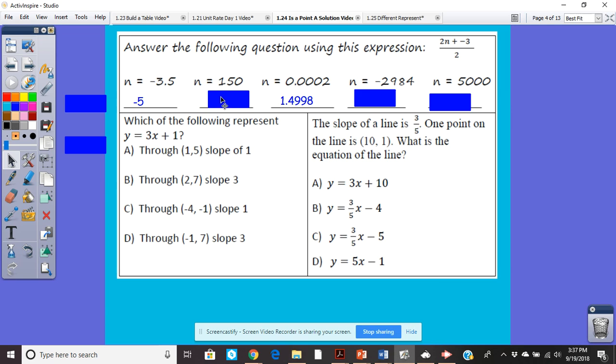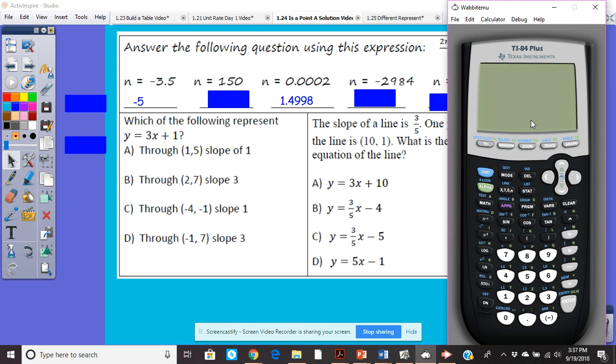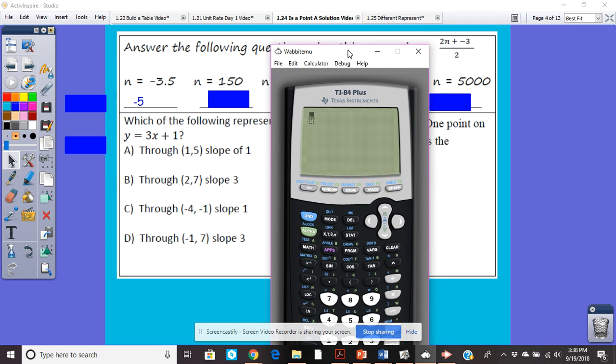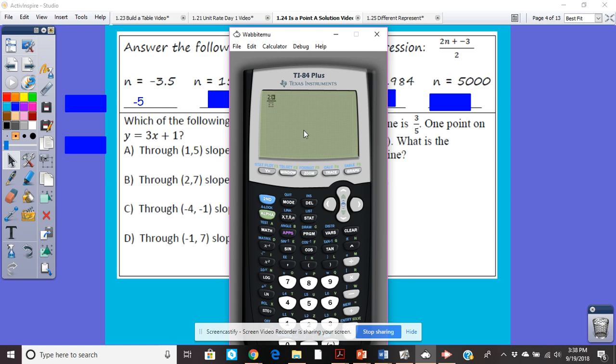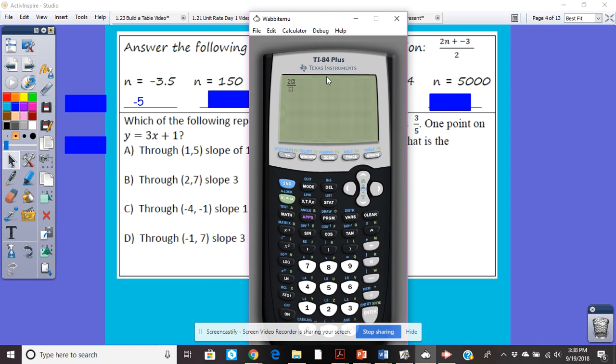The other way that you can do this is you can plug this value into your equation. So my original was 2n. When you have a number crammed up against a letter, that means you're going to multiply.